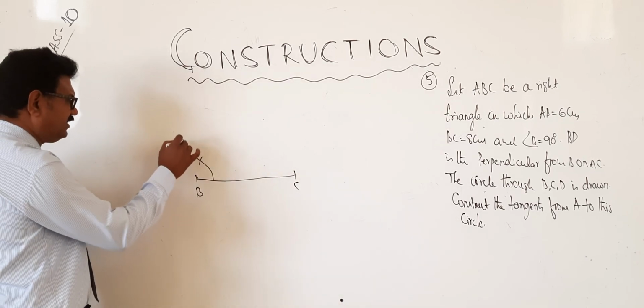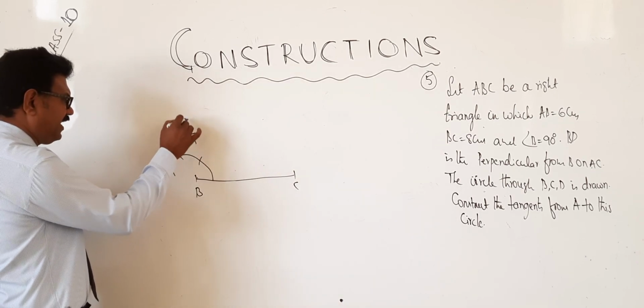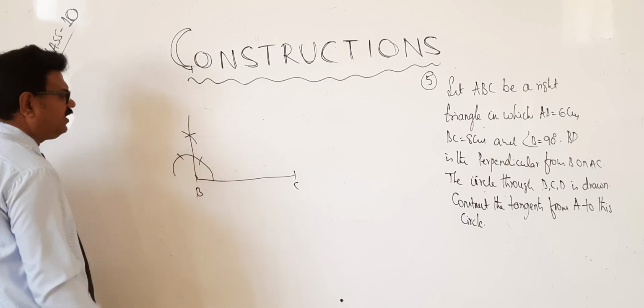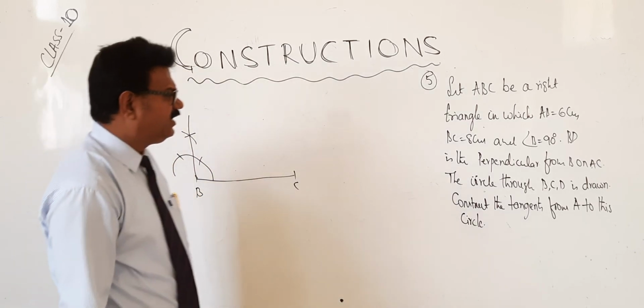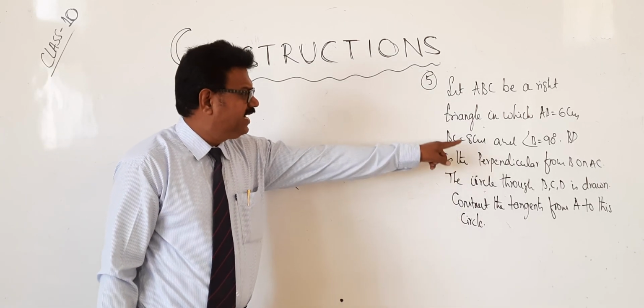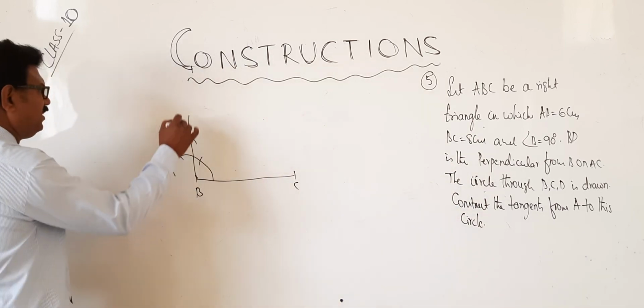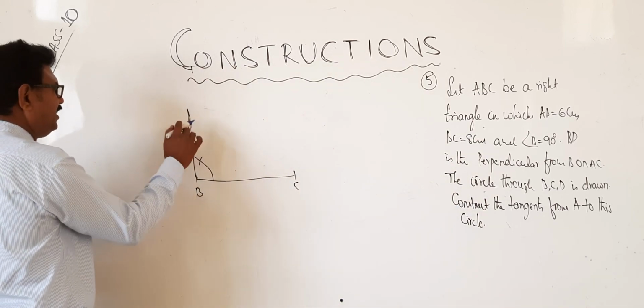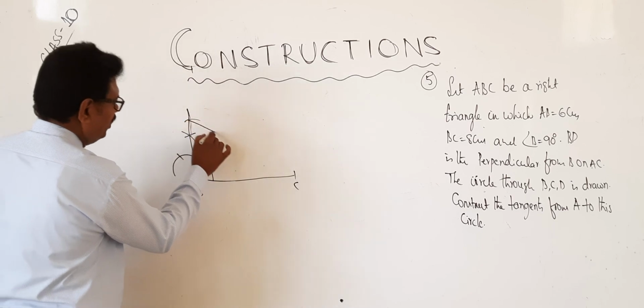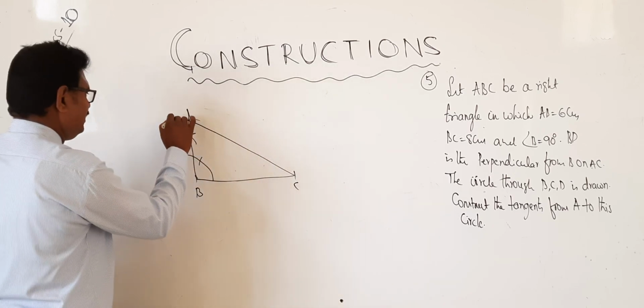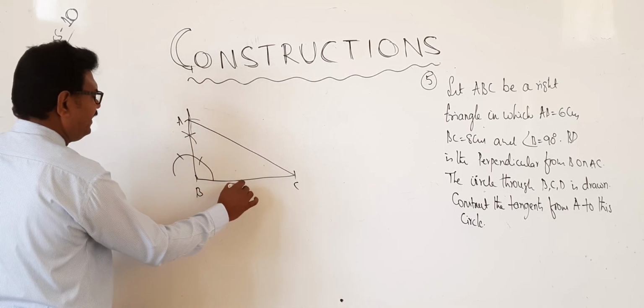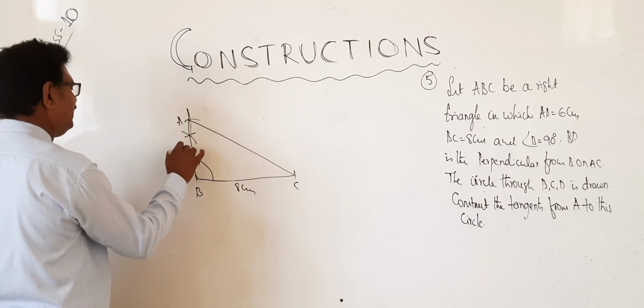With the same radius, draw again like this, and this is nothing but 90 degrees. And AB, how much is it? 6 centimeters. Now cut 6 centimeters and join this. This is nothing but A. This is 8 centimeters and this is 6 centimeters.